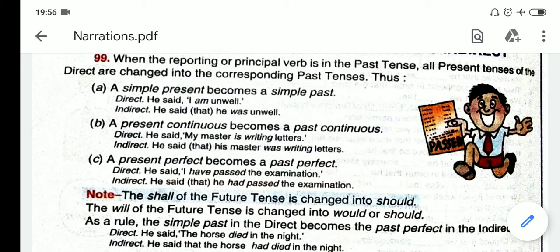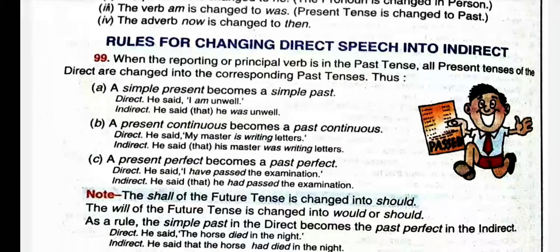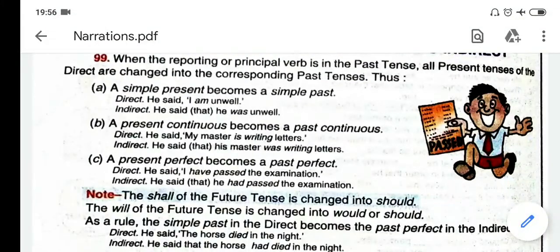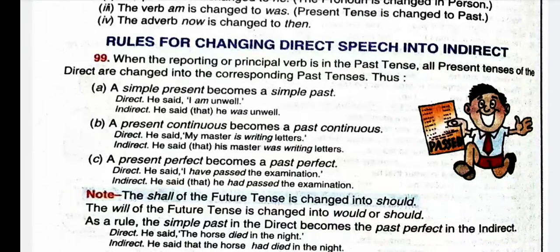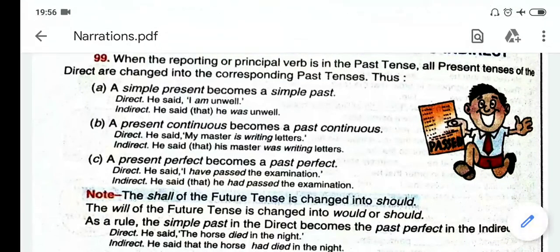Listen very carefully. All these changes A, B and C will only happen if the reporting speech is in the past tense. If the reporting speech is in the present tense or in the future tense, for example he says or he will say, then the speech inside the inverted commas, which is the reported speech, will not change.